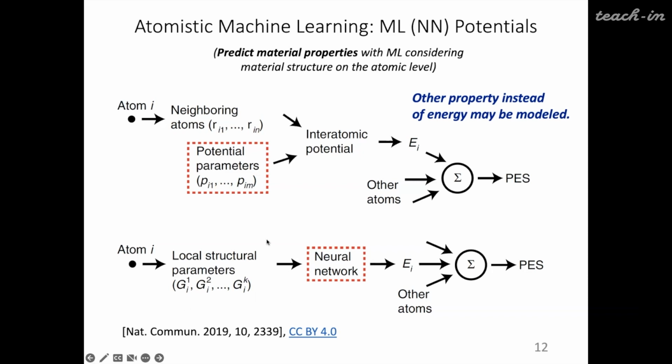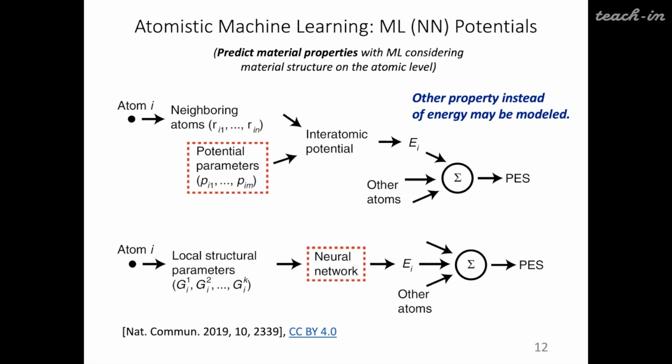We need to get local structural parameters, and we need to train an artificial neural network that after the training also gives us the total energy of a system. And in such a way, we get potential energy surfaces as well.